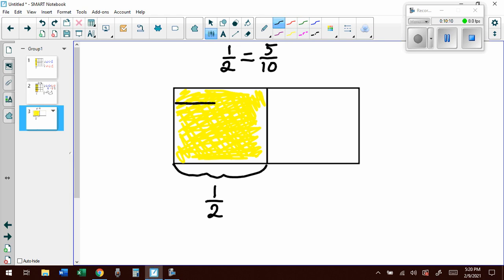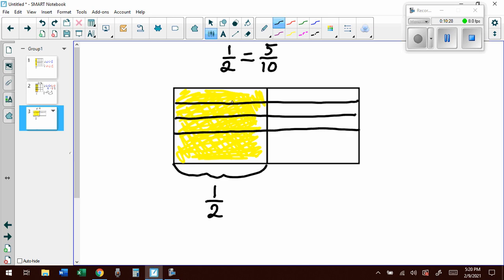If I do this, I have 1, 2, 3, 4. That's not right. If I do this, I have 1, 2, 3, 4, 5, 6. That's not all right for a few different reasons. If I do this, I have 1, 2, 3, 4, 5, 6, 7, 8. That's not right for a few different reasons. And 1, 2, 3, 4, 5, 6, 7, 8, 9, 10. So there I have 10 pieces.